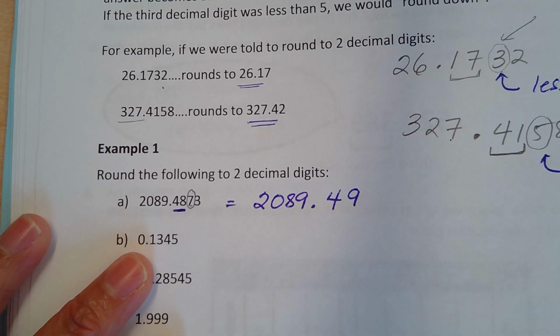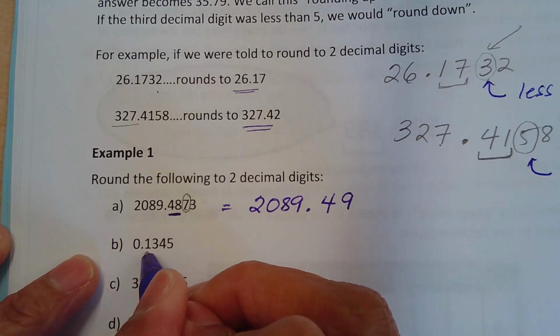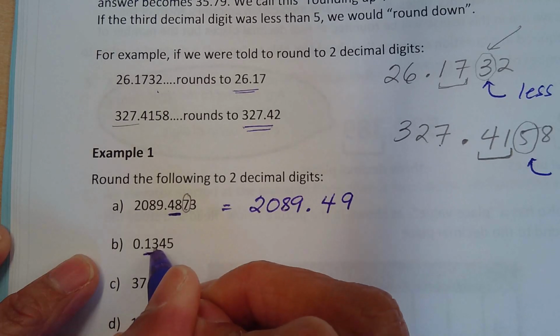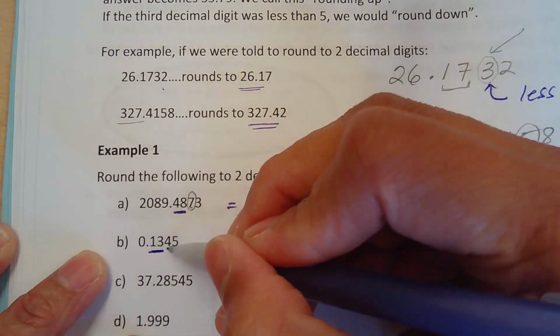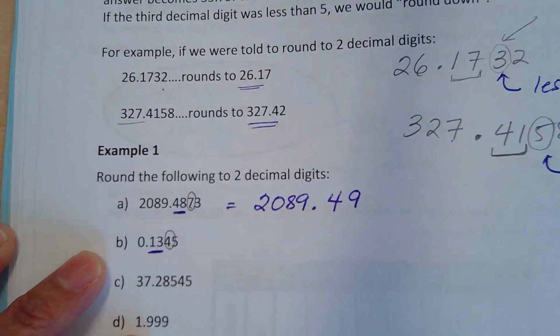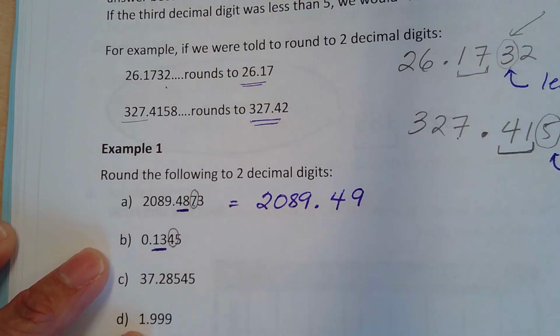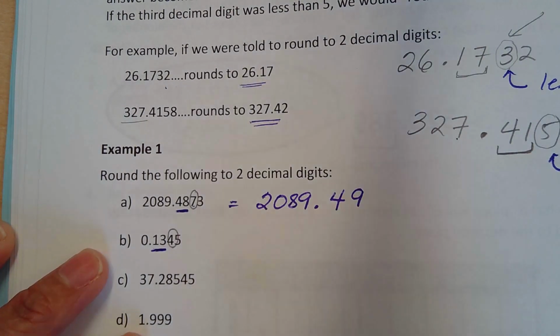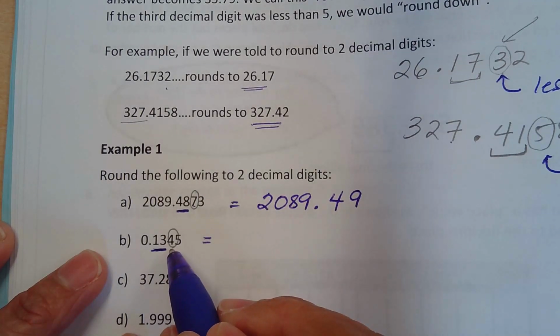2 decimal places. How far do we go for 2 decimal places? So up to the 3, right? Which one do we look at? We'll look at the 4. Now we gotta decide. Do we want to leave it as 3 or do we round it up to 4? Round up or round down?